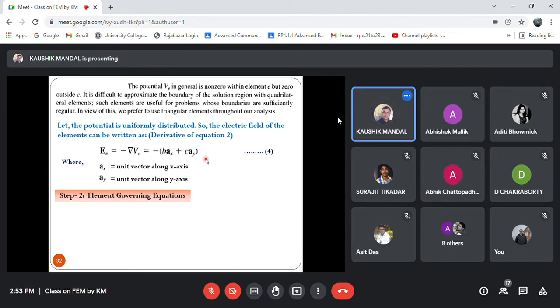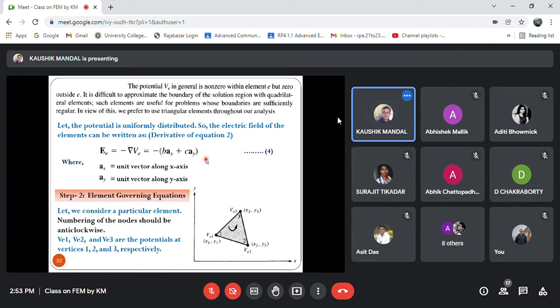Now once you have divided the entire solution region into a finite number of elements and approximated the potential of a particular element, you move to step 2 to derive the element governing equations for a particular element. To derive this, we consider a single triangular element with 3 vertices with 3 different coordinate points, x1, y1, x2, y2 and x3, y3.